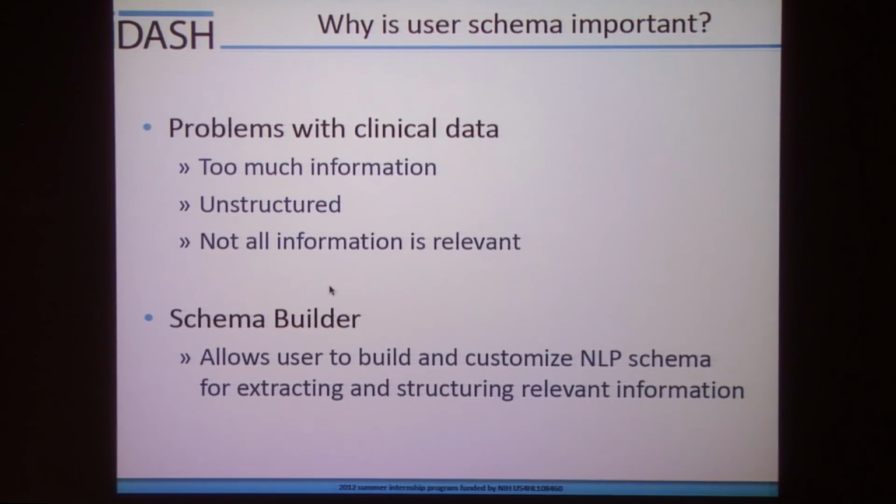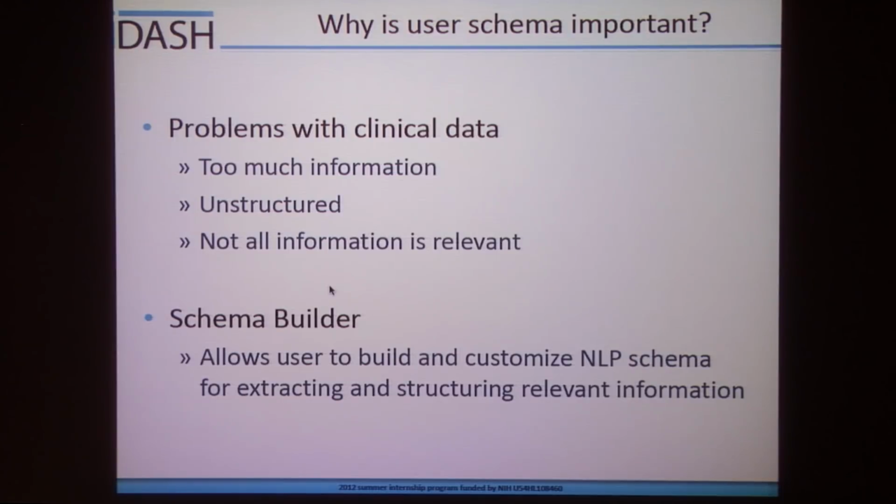So why is it important to have a user schema? Well, in order to answer this question, we need to first look at the problems with the clinical data today. So the first problem is that there's just too much information that clinical professions have to deal with. And this can go up to 10,000 pages of patient records in a single Word document.